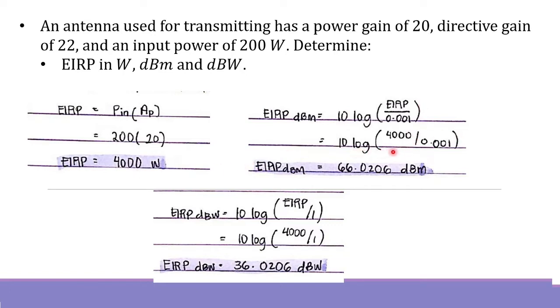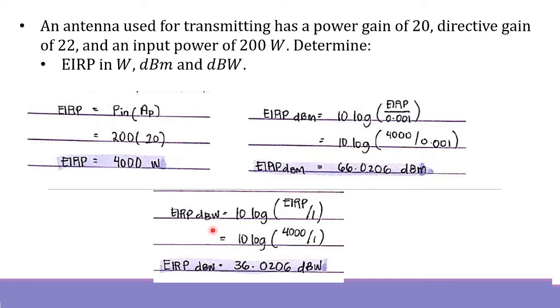So 10 log 4,000 over 0.001. So the value of EIRP in dBm is equal to 66.0206 dBm.